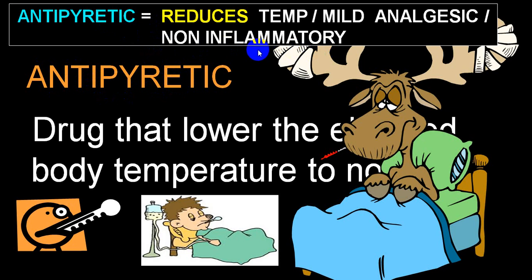So if a person has an acute inflammation, it is not going to reduce inflammation, so the person will not be relieved of pain for a long period. It will only relieve the temperature, may act as a mild analgesic, but will not reduce your inflammation.